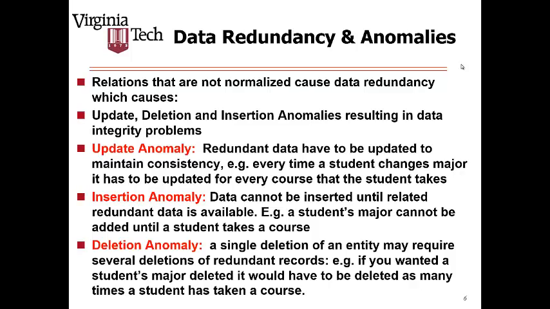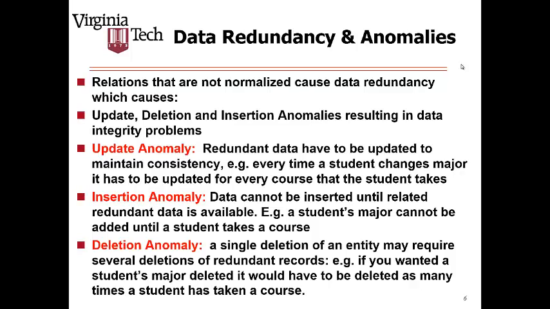And so avoiding that idea of redundancy and trying to make sure that every attribute of every table is associated only with the thing that data are being stored about is really important.